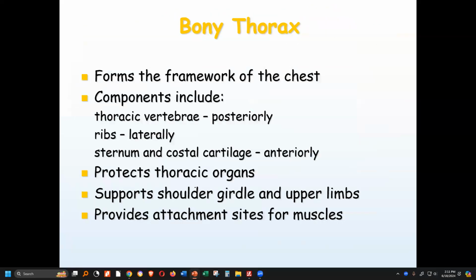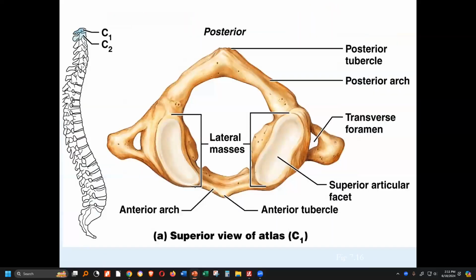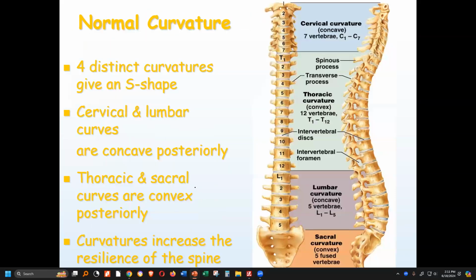You have multiple curves in the spine, right? So in the cervical region, you have the cervical curvature, which is this way. And then you have the thoracic curvature, which is this way. So kyphosis is an extreme curvature of your thoracic spine, right?